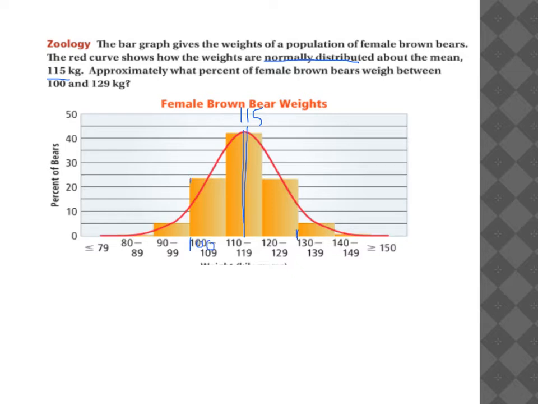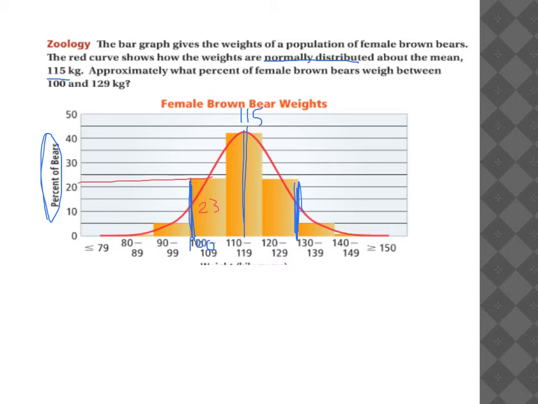So right here, this section, what percentage? Well, since now I know which section I'm looking for, this section in between these two lines, now I can use the percent of bears in each column. So this is roughly about, let's say, 23%.